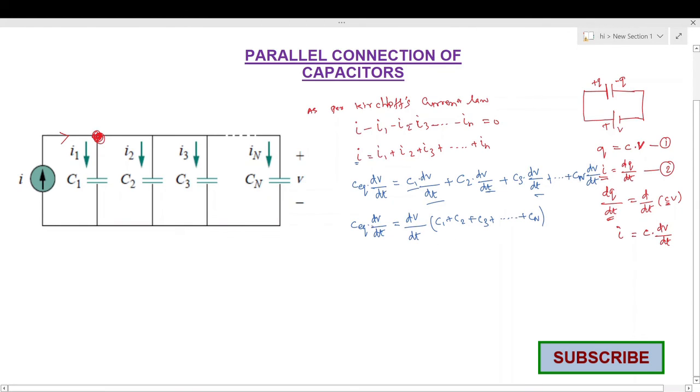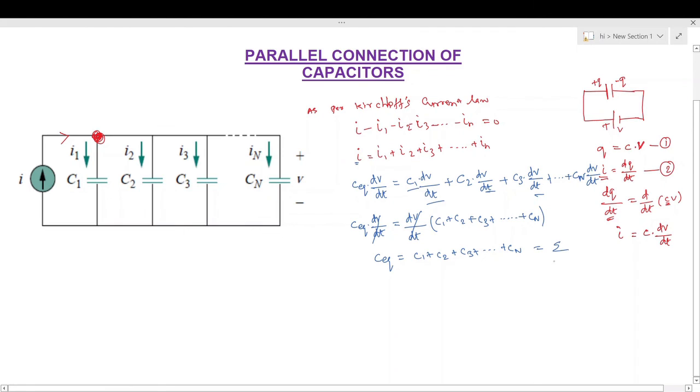We can cancel out the equivalent terms on both sides of this equation, so the remaining will be C equivalent, which is equal to C1 plus C2 plus C3 and up to Cn. Now we can also write this equation as the summation of i equal to 1 to n of Ci.